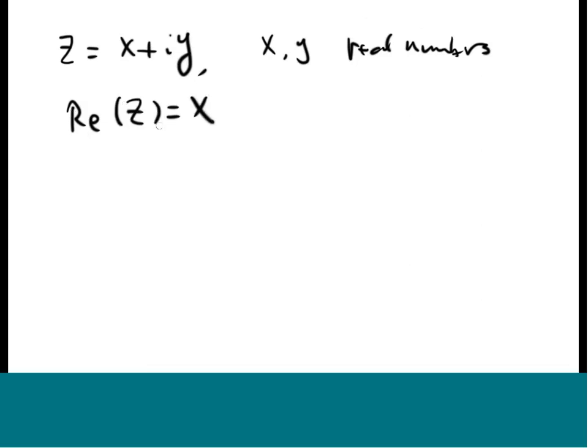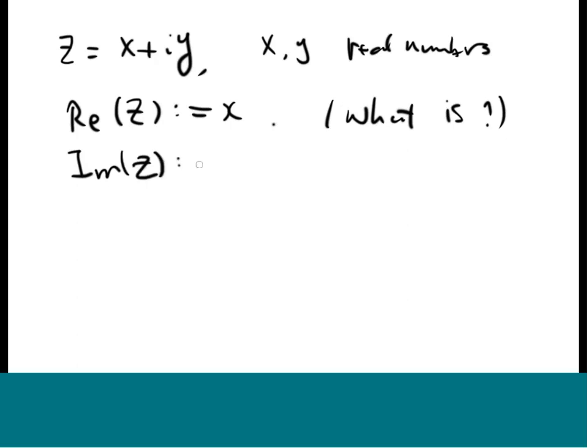This is the definition. Definition is very important. Ask the question, what is it? If you don't really know it, you definitely cannot do it. So Im z is y. It's the definition.